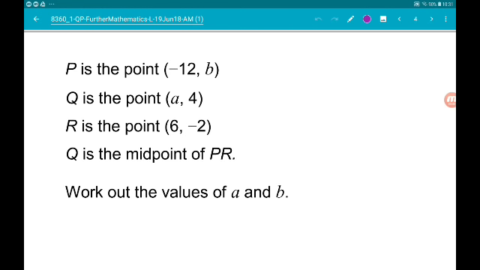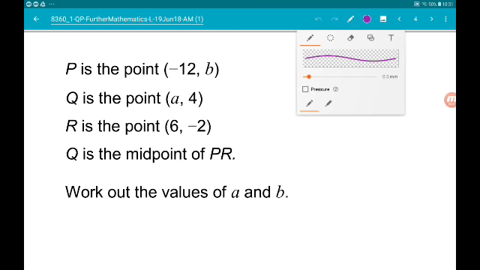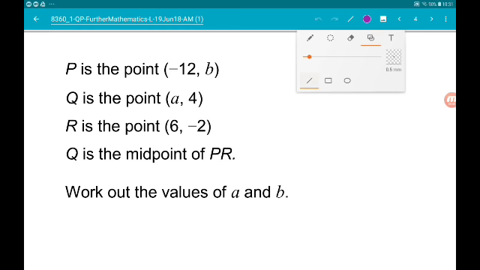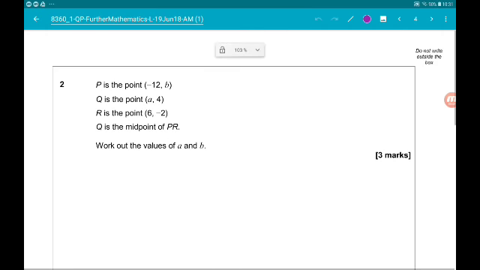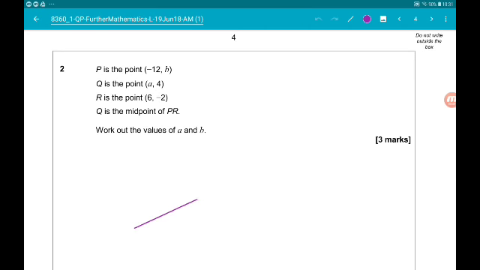Okay, question 2, we have some coordinate geometry. So P is the point (-12, b). Q is the point (a, 4). R is the point (6, -2). Q is the midpoint of PR. We want to work out the values of a and b. With this type of question, sketches are awesome. It doesn't matter what our line is doing, we don't know all of the coordinates.